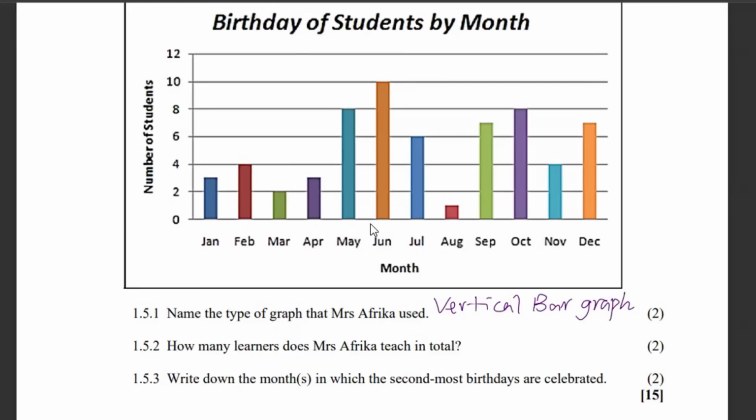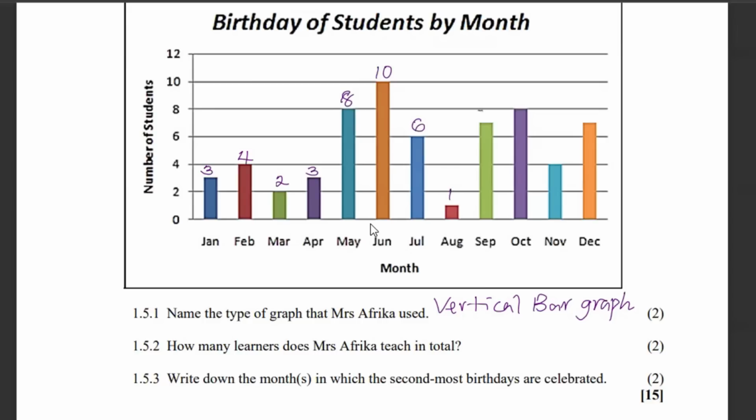Now take note, how many learners does Mrs. Africa teach in total? So January, these are 3. Here in February, there are 4. March, there are 2. April, there are 3. May, there are 8. June, there are 10. 6 in July, 1 in August.